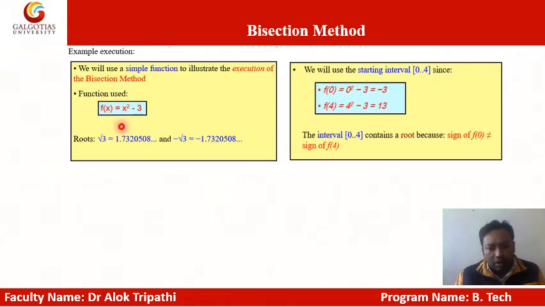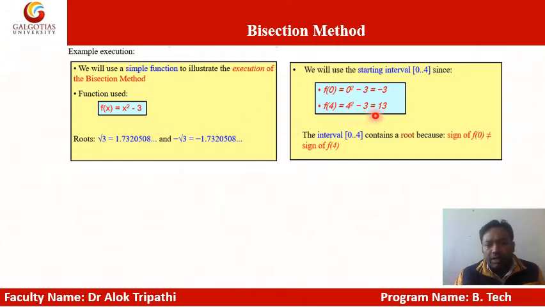So for x equals 2, we'll get f of 2 equals 2 square minus 3. So 4 minus 3 becomes 1. This is a positive value. For x equals 4, you can see 4 square minus 3 becomes 13.